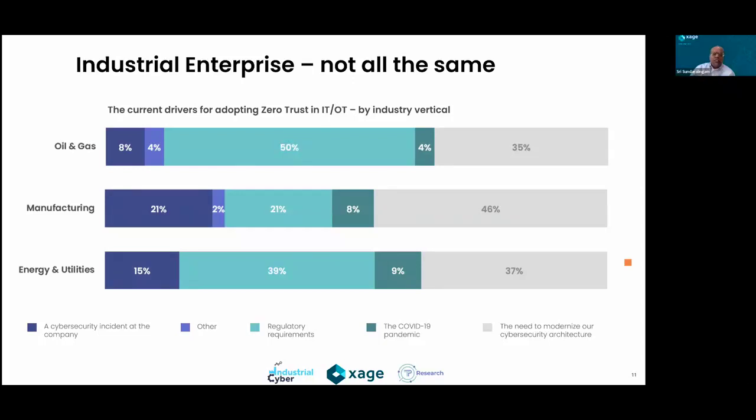I was just going to provide some commentary as well, Jonathan, based on what we're seeing at Xage in the oil and gas industry, post the Colonial Pipeline hack situation we had.